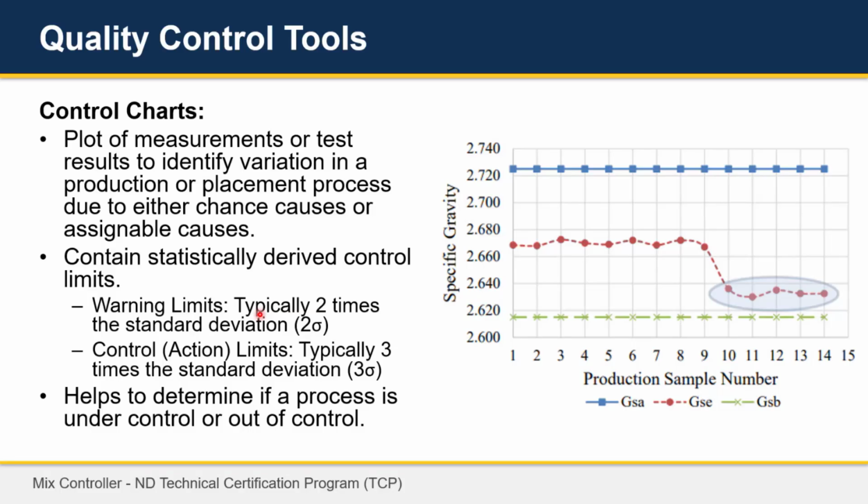So again, control charts are plots of measurements or test results that help us identify variation. The real purpose behind them is to assign something to a chance cause or an assignable cause. Chance cause is what happens. We have variability in our materials, right? We have variability in our process.